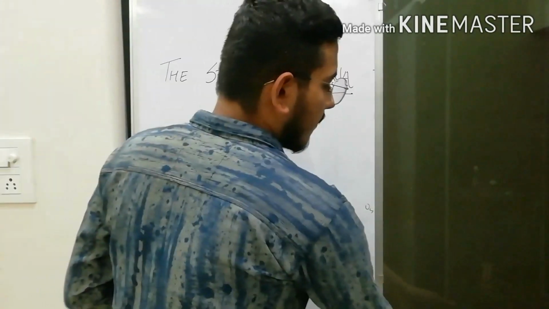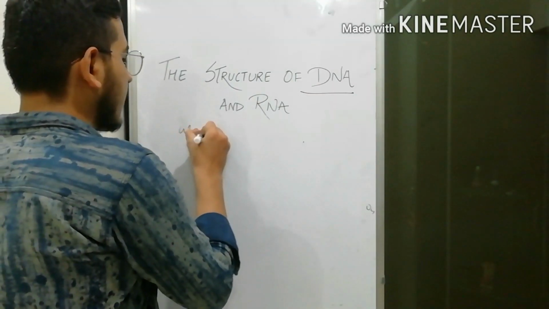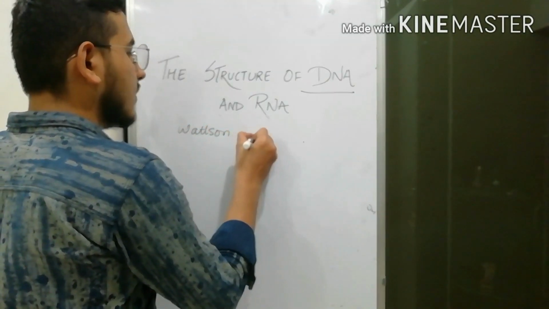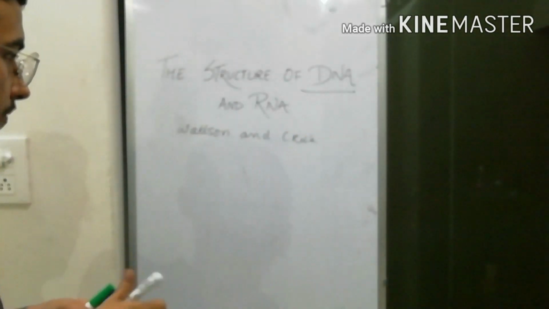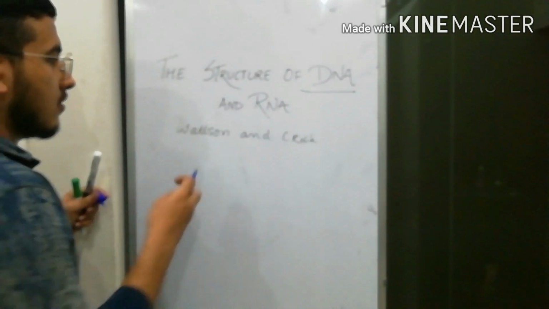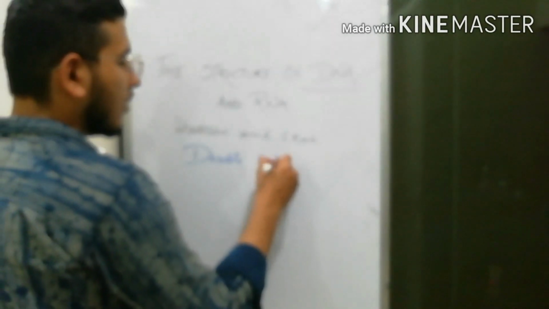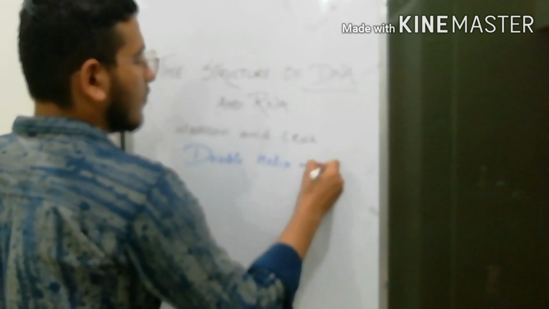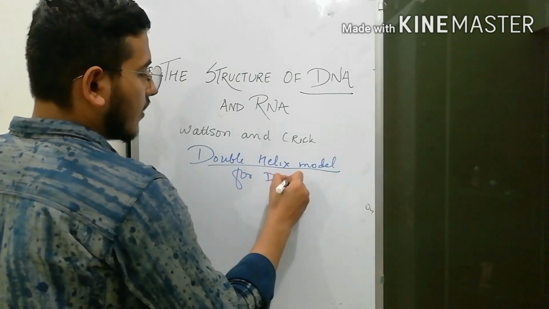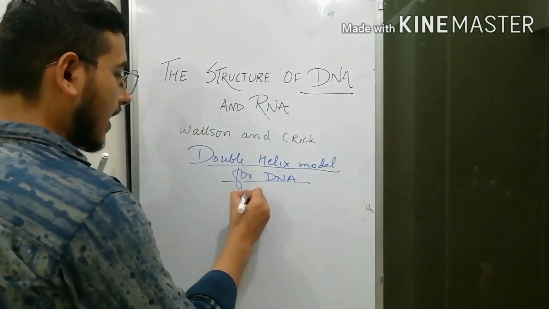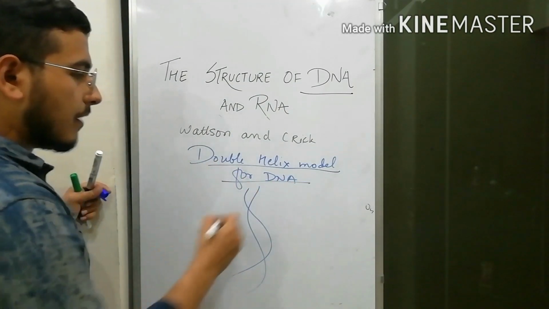Now if we focus on the double helix model proposed by Watson and Crick, we'll see here that DNA is a double helix.